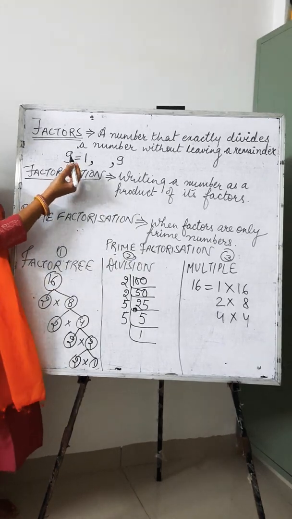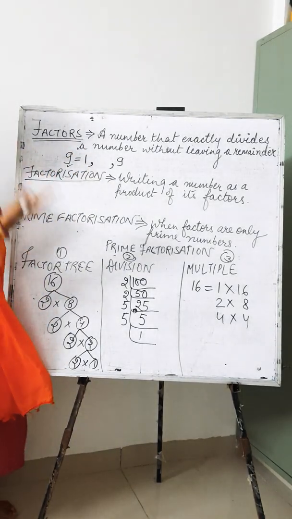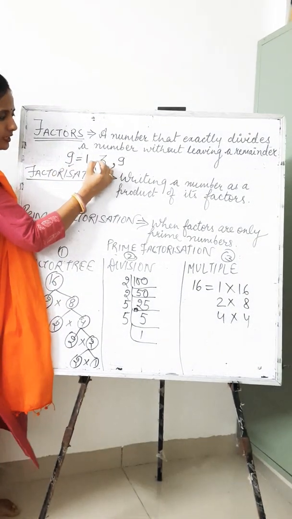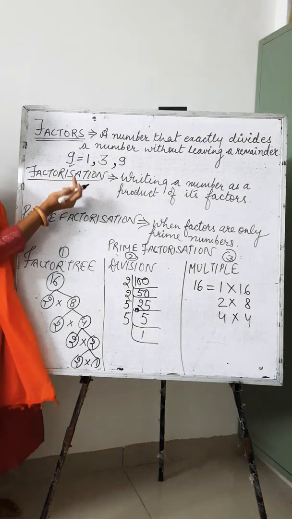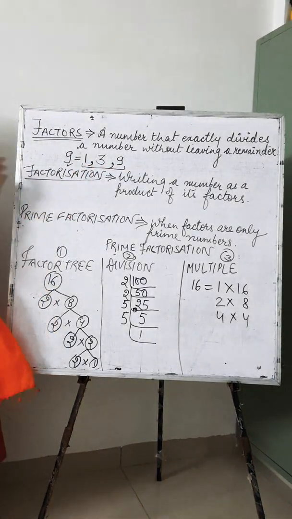So here I will not take 2. So jump to the next number, that is 3. 3 3s are 9. So yes, 3 is a factor of 9.